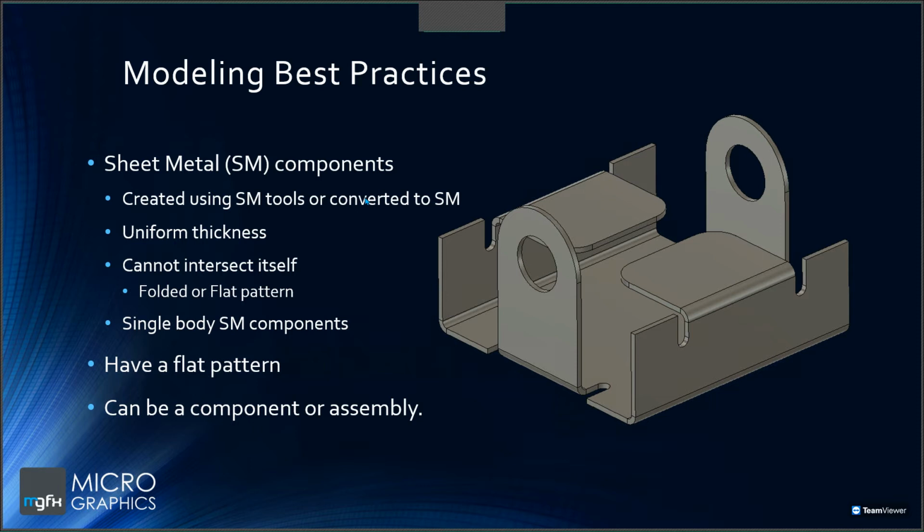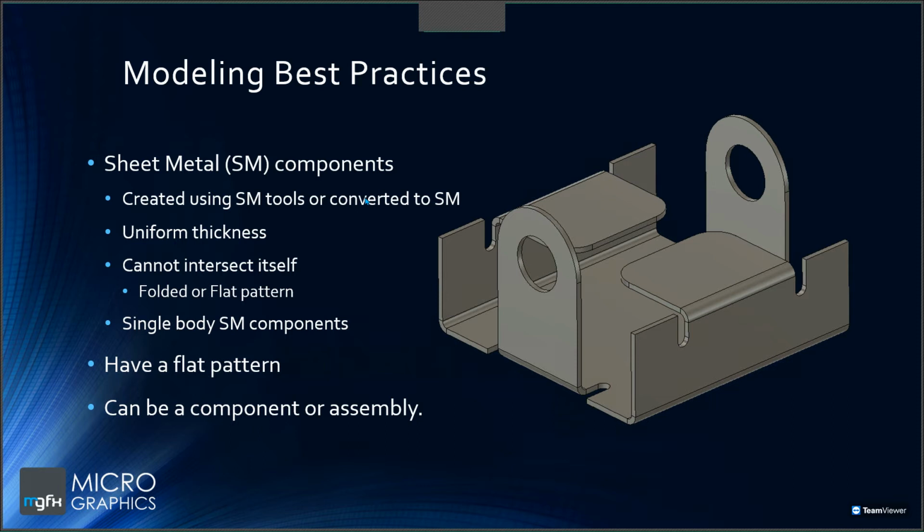Now that we know kind of what nesting is, we need to look at what we can nest. So being a preview at this stage, there are no requirements for a component to actually be included in the nesting study. So it could be a sheet metal part, as we saw in my design, mostly sheet metal components.